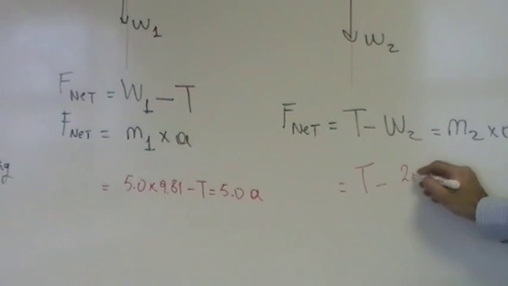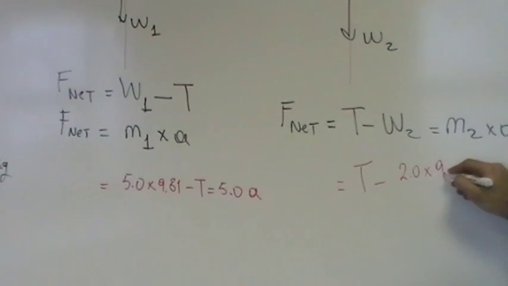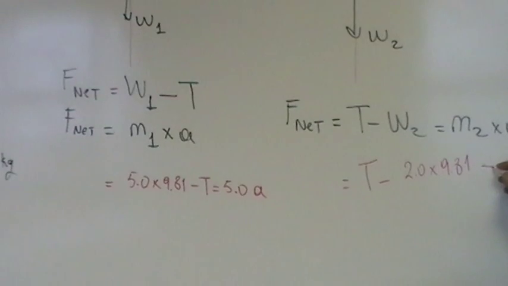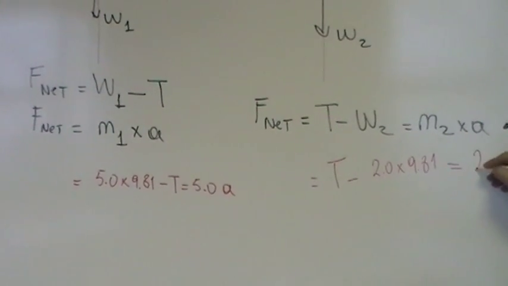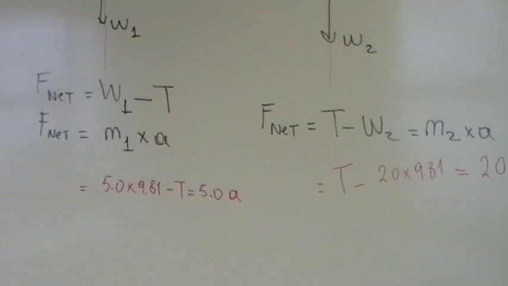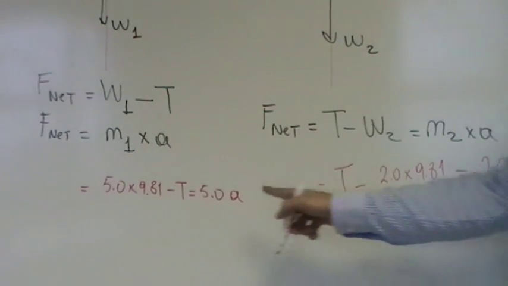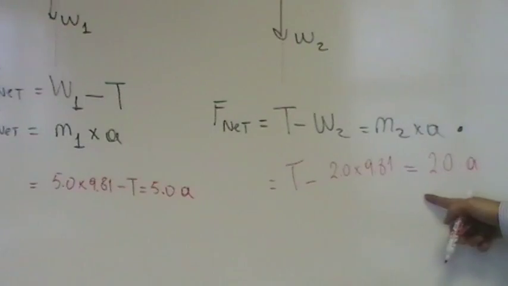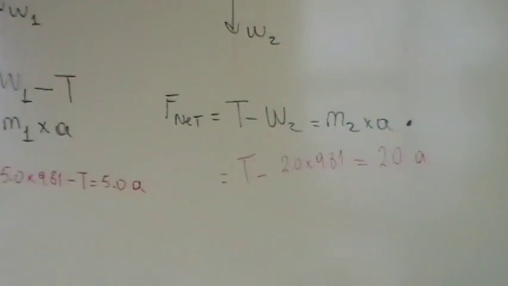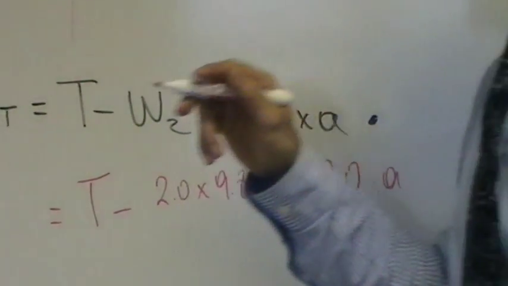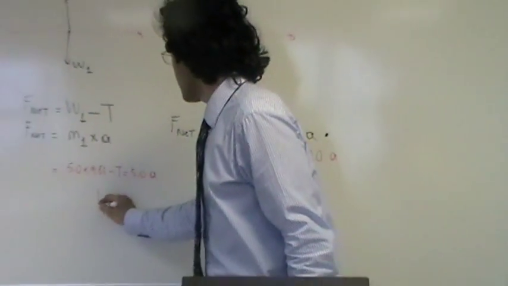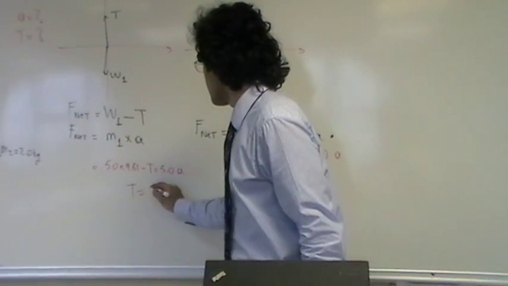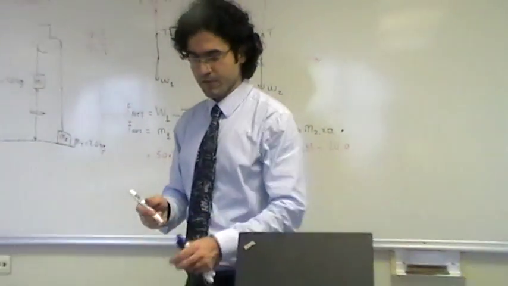Mass is 2.0 multiplied by 9.81, is equal to mass 2, which is 2.0 kilograms, multiplied by acceleration. So I have two equations and two unknowns, so I have to solve them simultaneously. What I will do here is drag T in here and insert it over here. So T in this equation will be equal to 5 times 9.81.